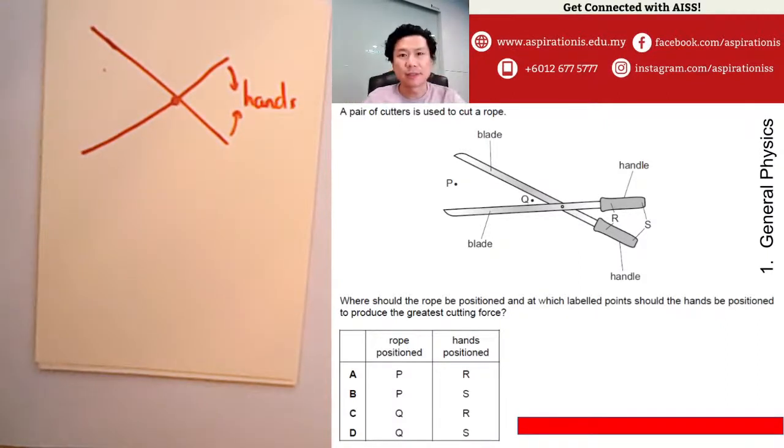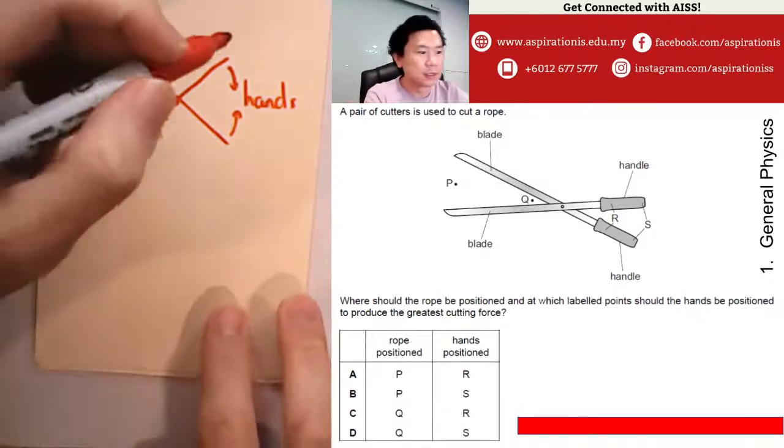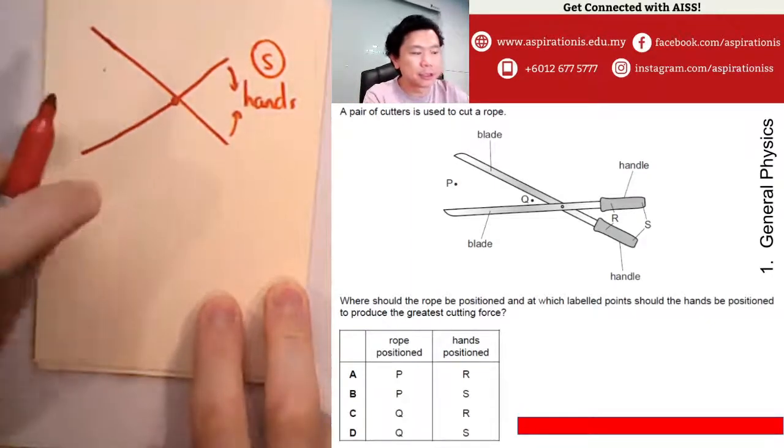You will put your hands in a position where you will use the least amount of force, because humans, we all want to be comfortable, right? We don't want to work too hard. So you will place your hands in a position that is furthest away from the pivot, because the further you are away from the pivot, the smaller the force. So you will put your hands in position S.